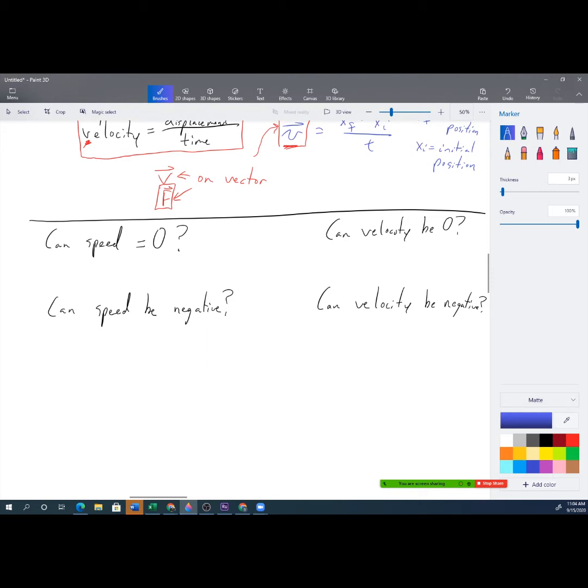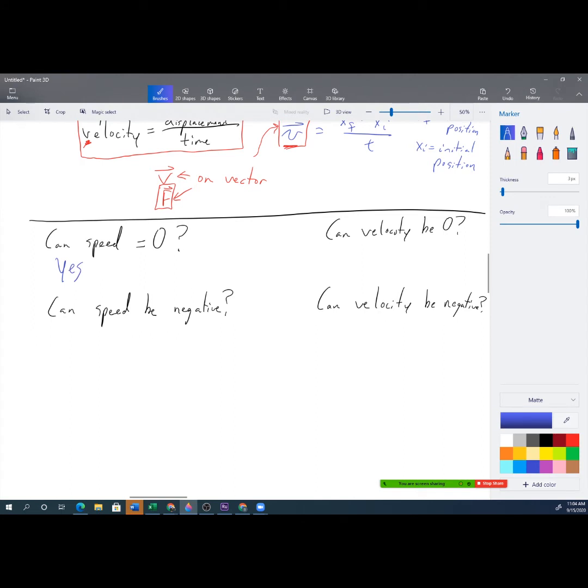Can speed equal 0? Tell me yes or no. Give me a thumbs up for yes, thumbs down for no. Okay, I see most of my thumbs, and I see Brody's thumb. I agree, it most absolutely can equal 0.